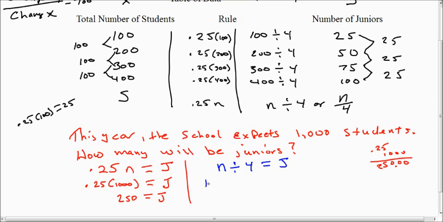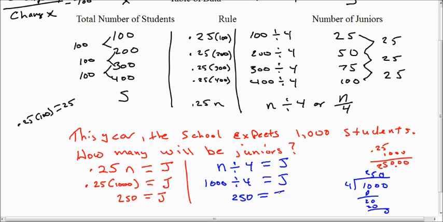Replace n with 1,000, so 1,000 divided by 4 is equal to J. 4 into 10 goes 2, that's 8, bring down, 4 into 20 is 5, 5 times 4 is 20. Bring down the last 0, and we get 250. So again, 250 would be how many juniors we have.